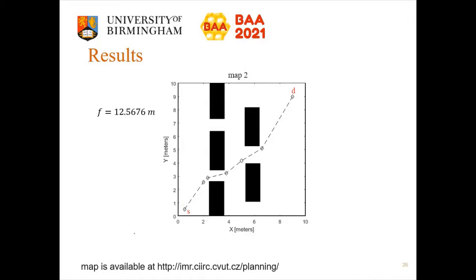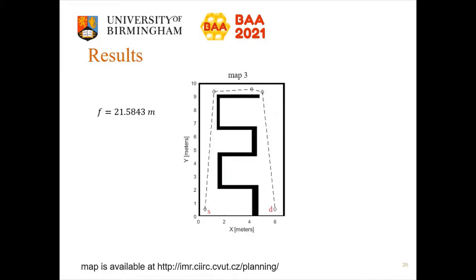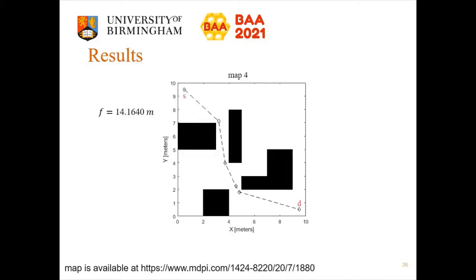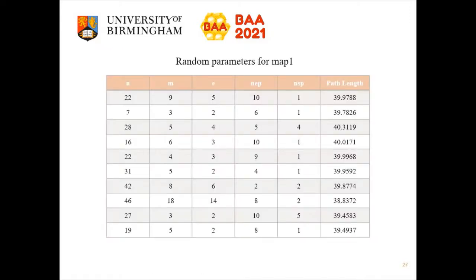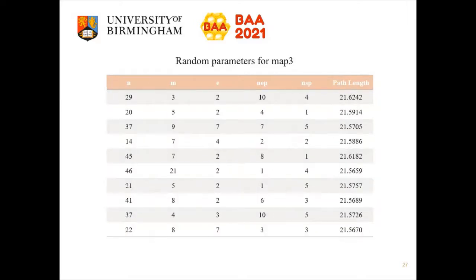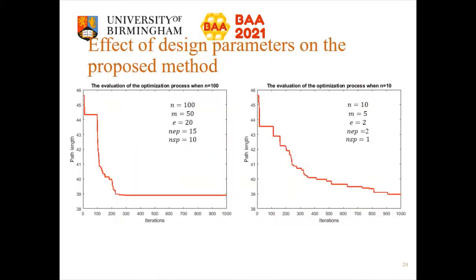Here are other results for different maps, and the tables clear the random parameters. These figures show the effect of changing the parameters value from big to small.